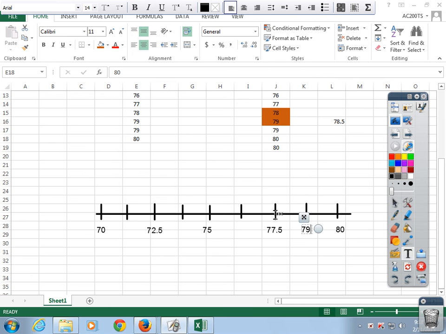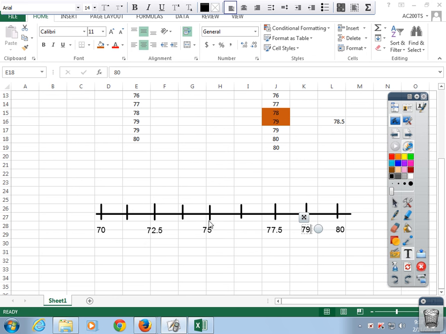Why am I not calculating between 78 and 80? Why am I just sticking a 79 there? I didn't calculate it. Because what's the only number between 78 and 80? 79. There's no reason to calculate it.